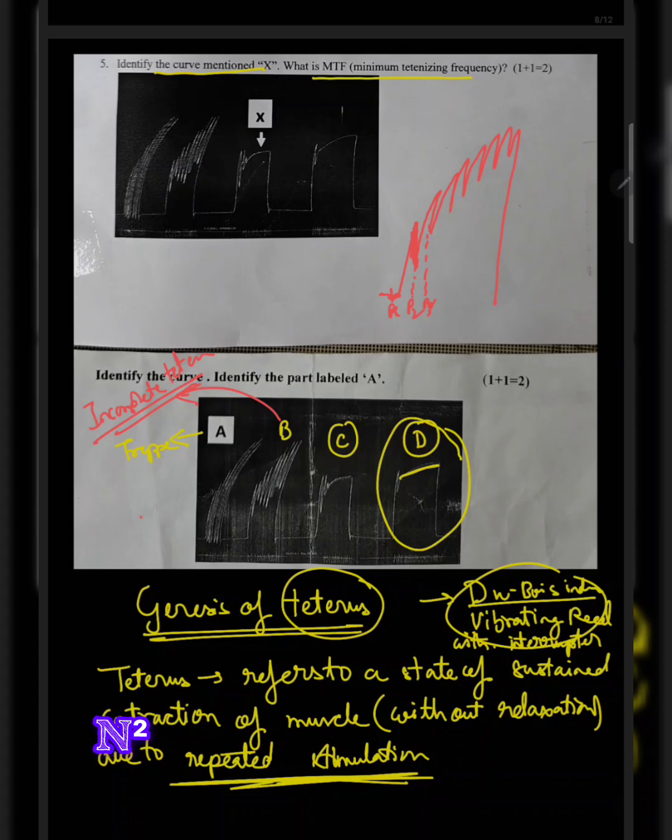The same thing happens with the C curve also. The C curve happens with some smooth sustained contraction at the end. Now the A curve occurs when you're giving a stimulation at the rate of 5 to 10 hertz. B curve occurs at the rate of 15 to 20 hertz.